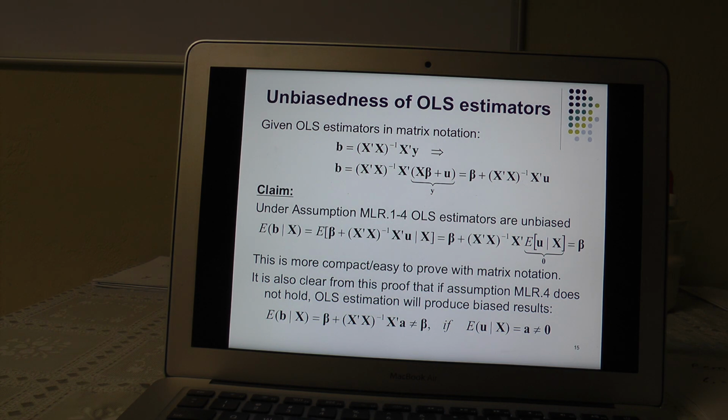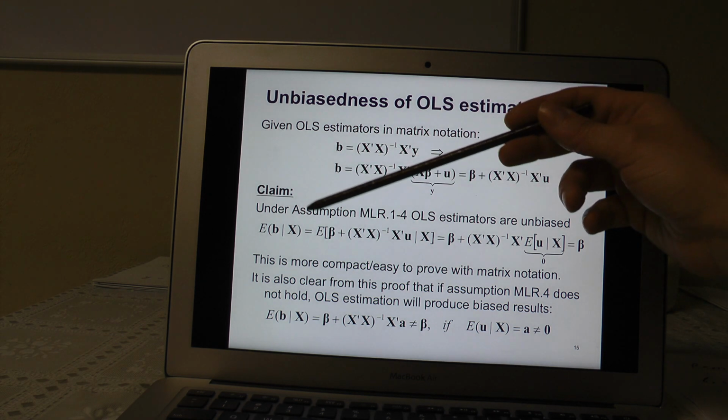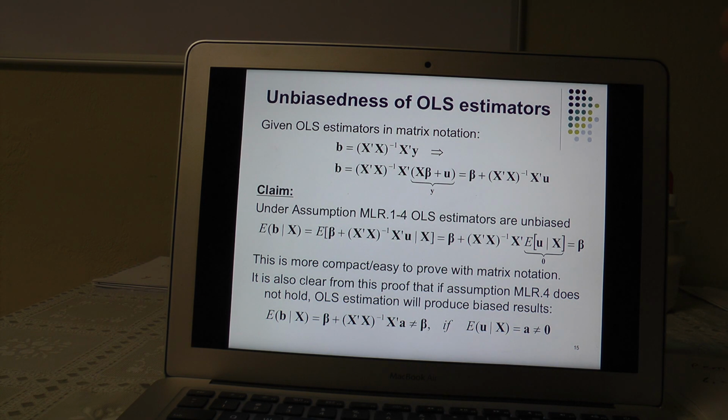We took B1 and proved that it's unbiased, conditional on X, given assumptions 1 to 4 hold, and then unconditionally it's unbiased as well. Then we approached B0, and I think there was an assignment for you to try and prove that it will also be unbiased. So we did this in a long way. Here, in one step, I am going to derive the same proof.